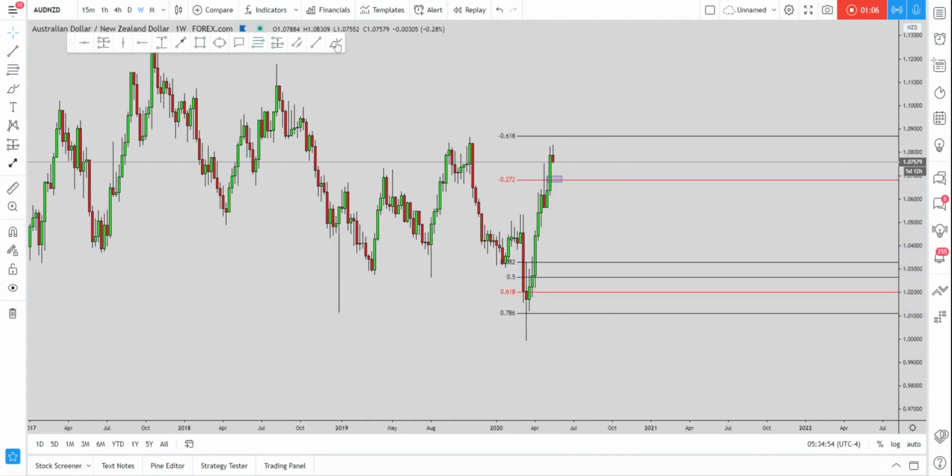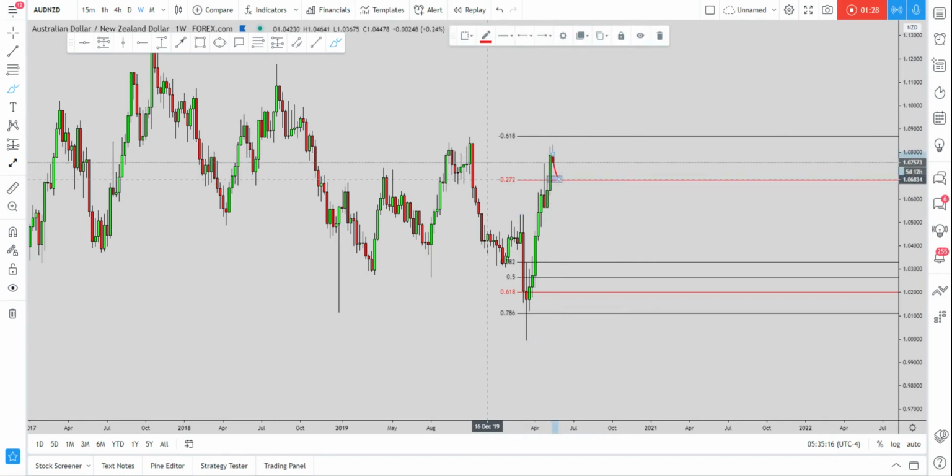And what we can see is that the market has broken above the -27, which is the first possible target after the market retraces more than 100% of the previous move to the downside. And the market has broken this level to the upside. Now, after the break, what do you expect? You expect a retest.